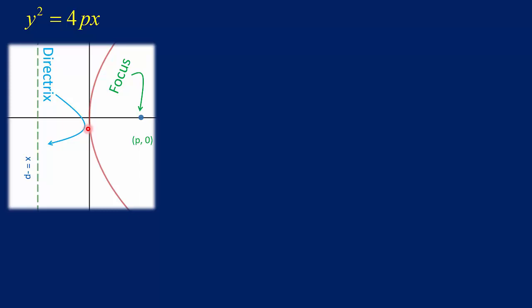And the things that I'm going to change to get to the vertex, the focus, and the directrix, it's going to be the horizontal component. I'm going to change the x's instead of the y's. I'm not going to go up and down to get to the focus and directrix. So let's look at an example. Here's one.